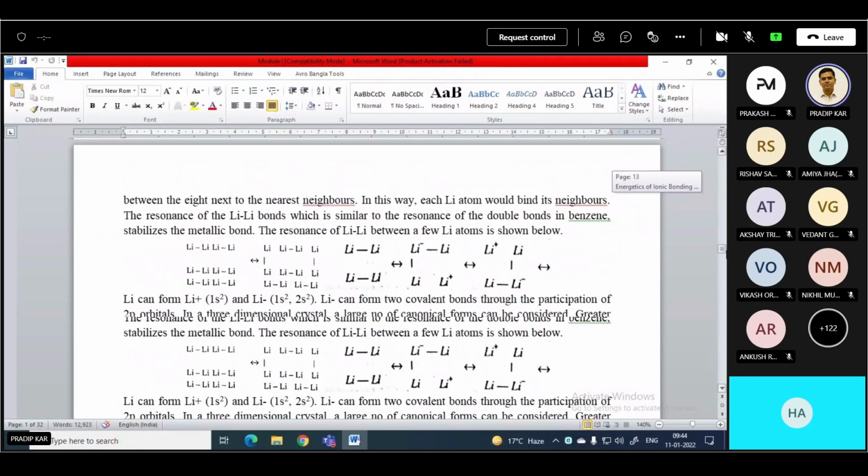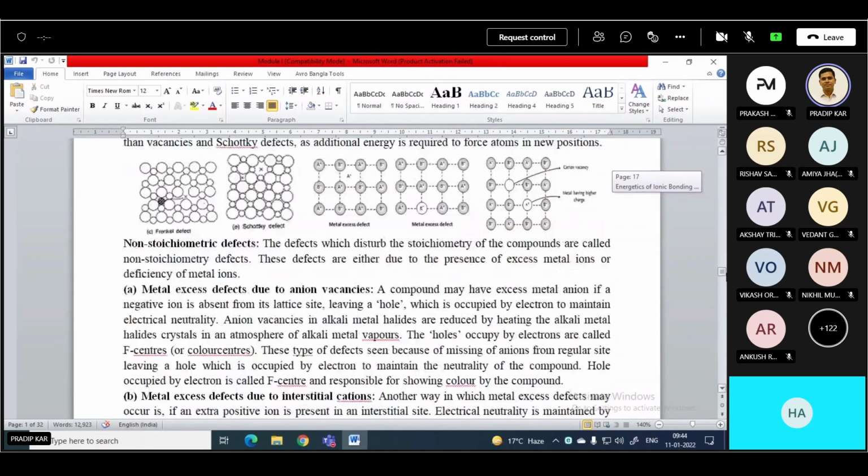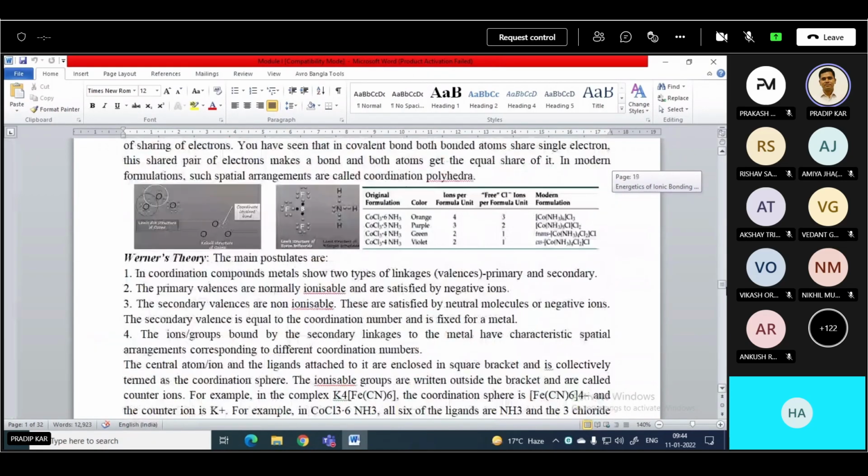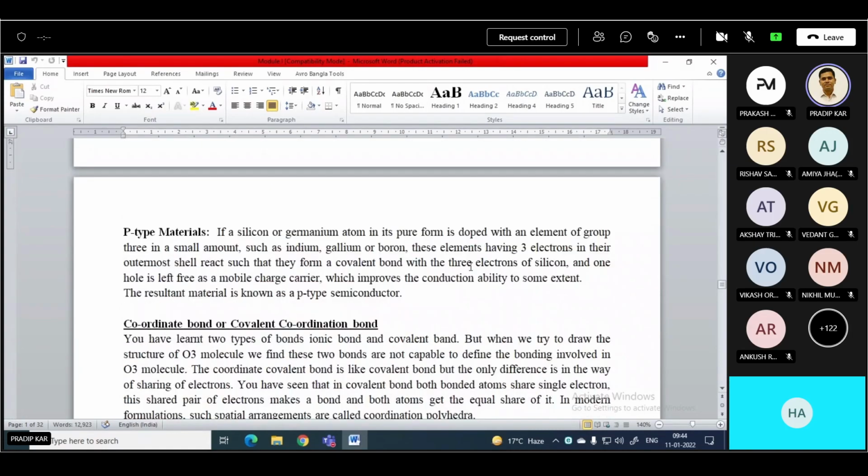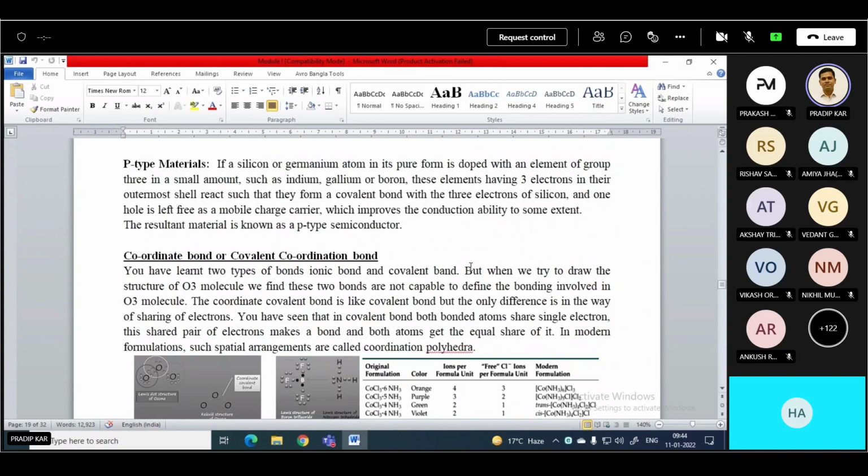In coordinate covalent bond, the term covalent is also present. So what is a covalent bond? In a covalent bond, the electron is equally shared by both the centers to have attraction between them.